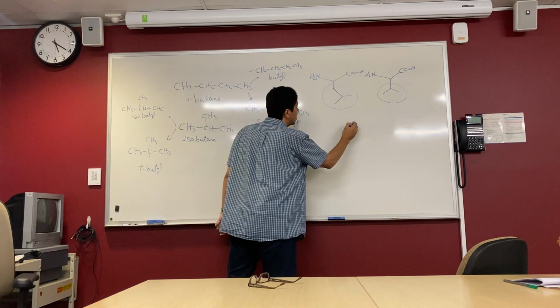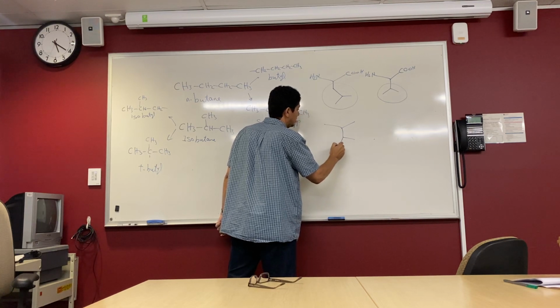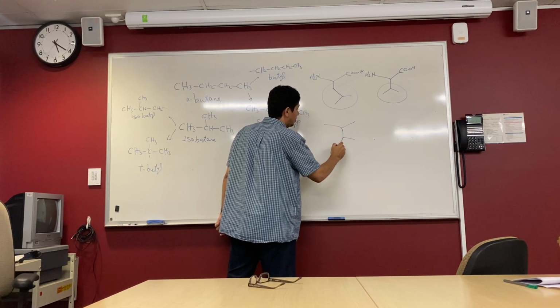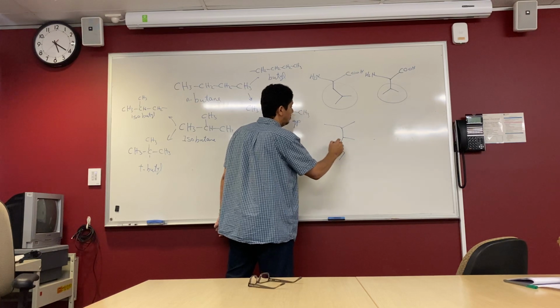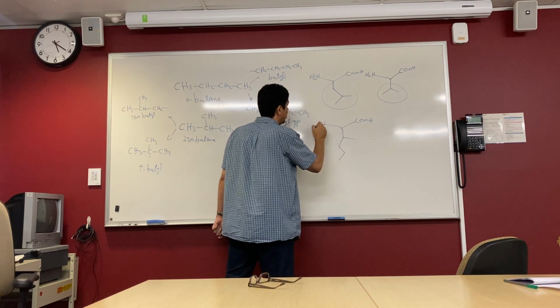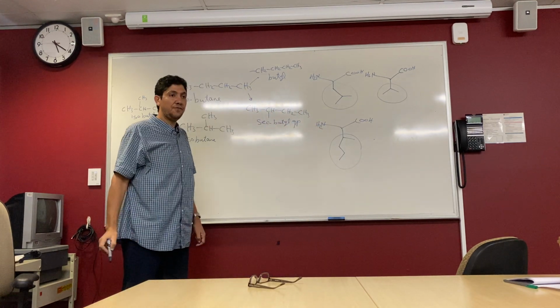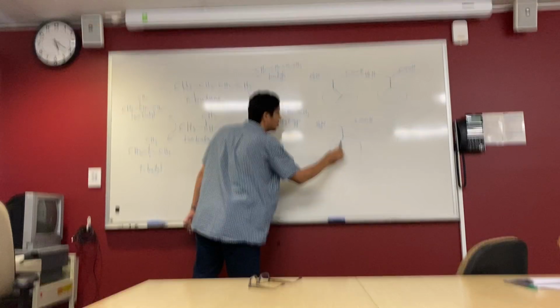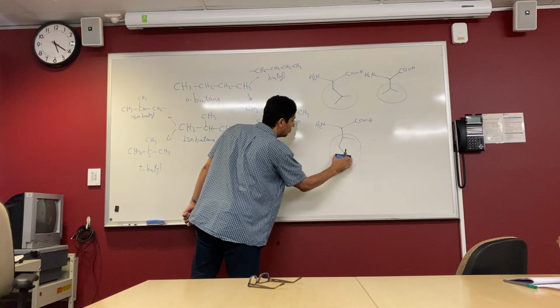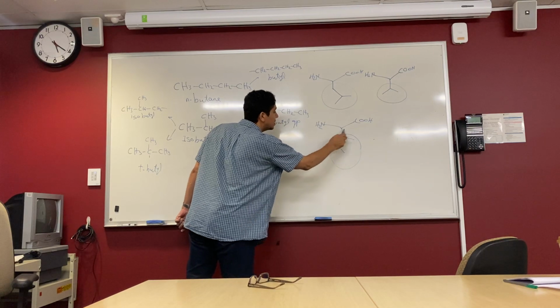Isoleucine is like this. 1, 2, 3, 4. How many carbon in isoleucine? Again 4. Oh, sorry. Only 4. We need 4. 1, 2, 3, 4. What's this group called?